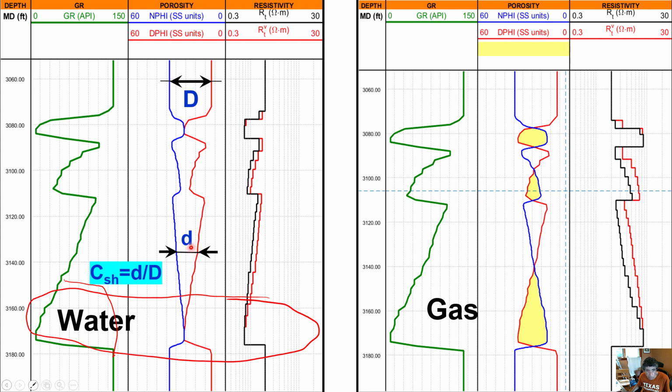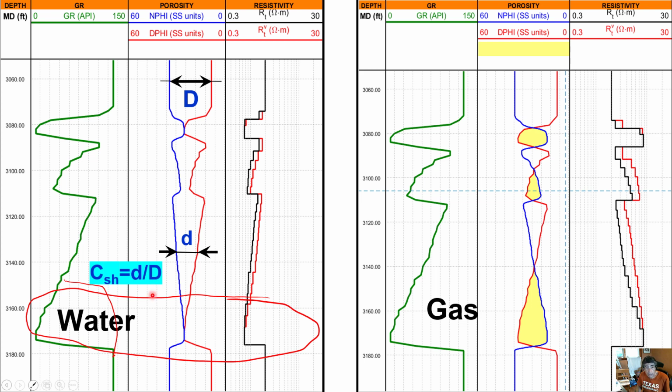What it means is that this lowercase d can go from 0 all the way up to the top. You see how it goes from 0 when the gamma ray log is minimum, and goes to a maximum close to the value of the shale when the gamma ray log increases to be similar to that of the shale. So that ratio is one alternative way to calculate the volumetric concentration of shale.